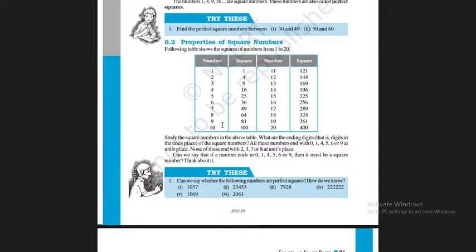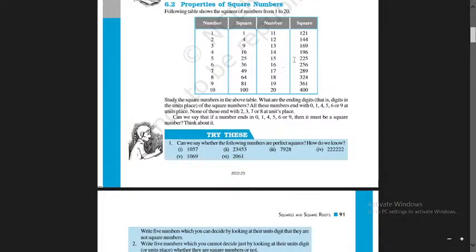Okay, now let's move on to this number, 11. The square of 11 can be written as 121. So square of 12 can be written as 144, and 13 as 169. 14 square can be written as 196, and 15 as 225, and 16 square as 256.